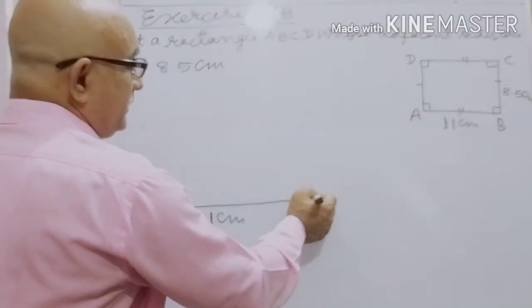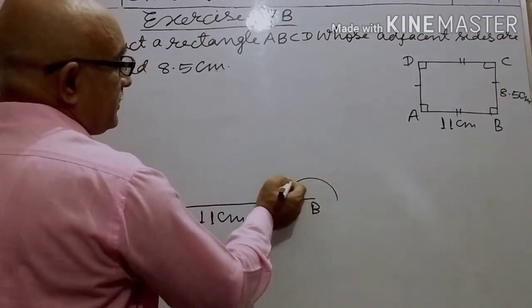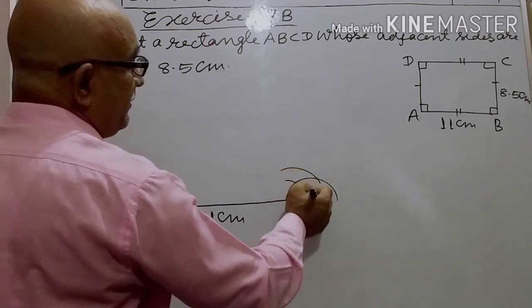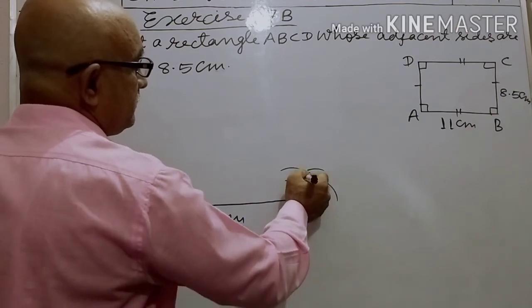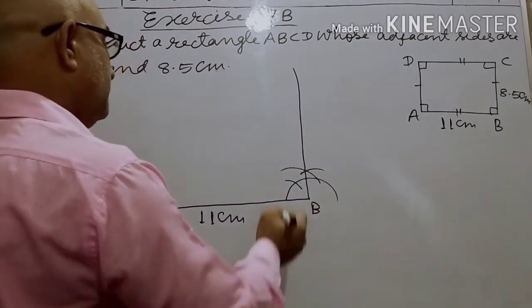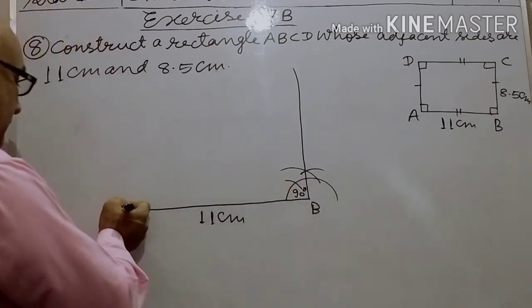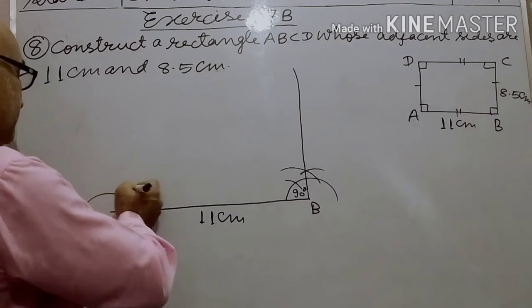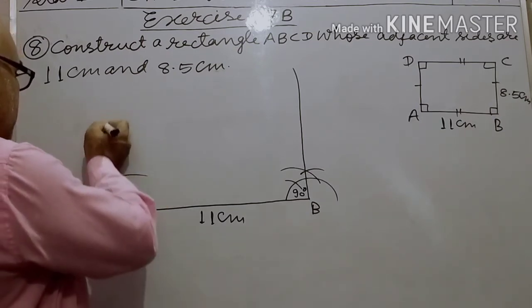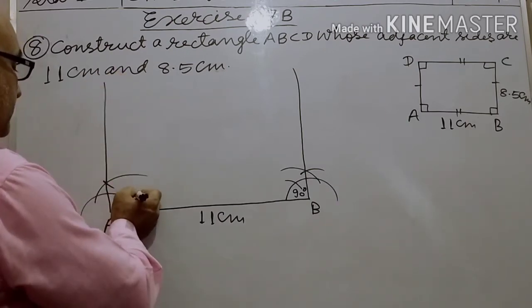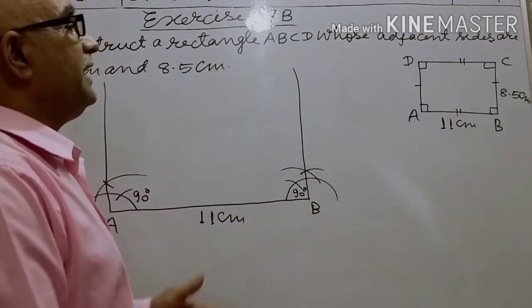So I construct with the help of pair of compass 60 degree, 120 degree, bisect it, 90 degree. Here also 60, 90 degree.